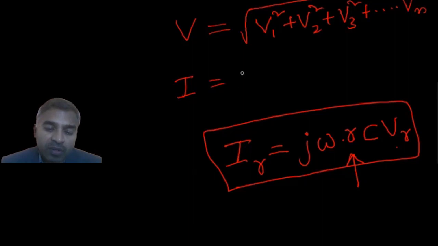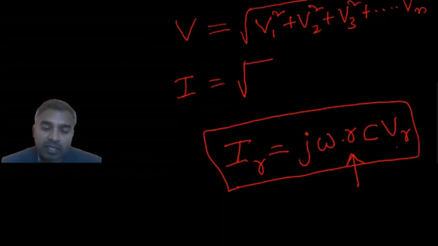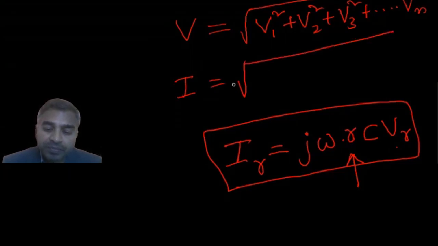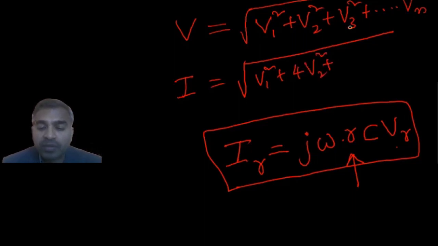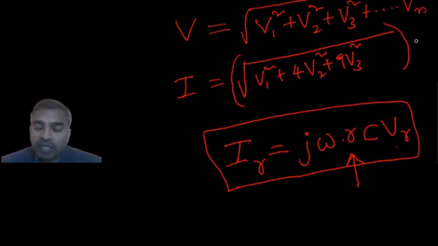So the RMS value of the current will be the square root of V1 square plus 2V2 whole square, that is 4V2 square, plus 3V3 whole square, that is 9V3 square, and so on, multiplied by j omega C.